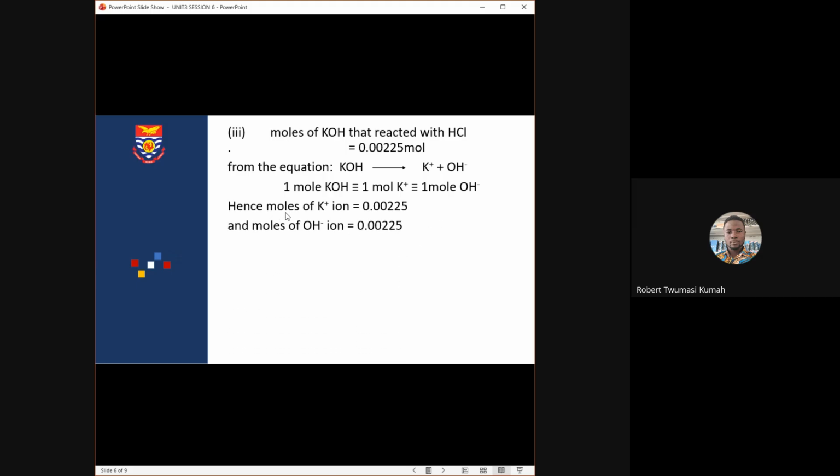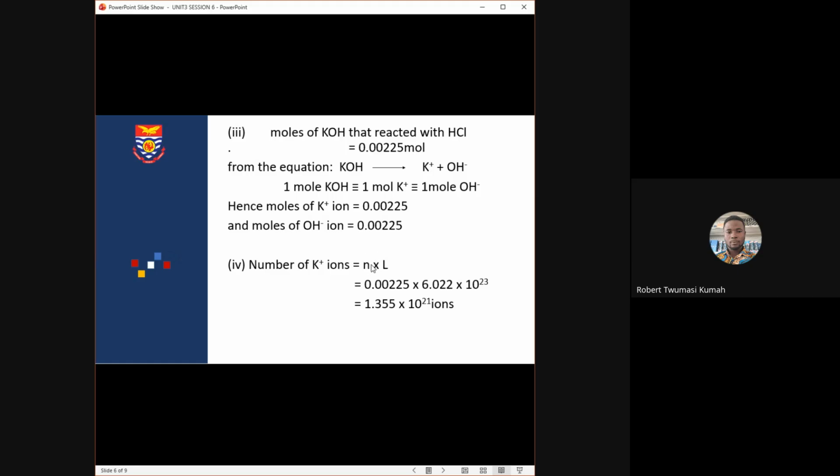So the moles of potassium ions will also be 0.00225. The moles of hydroxide ions will also give us 0.00225. So the next is to now find the number of ions. And with this, we'll need this mole with the Avogadro's number.